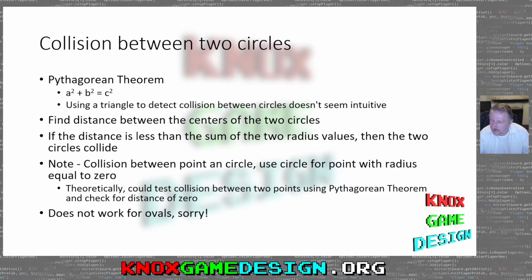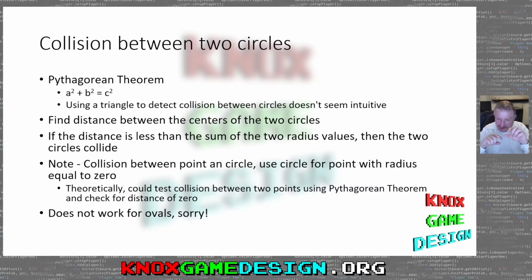To find out whether the two circles collide, we're going to calculate the distance between the centers of the two circles. If the distance between the two centers, as I have right here, is less than the sum of the two radius values, then the two circles collide. We've got a circle here and a circle here, and we find the two radius values.